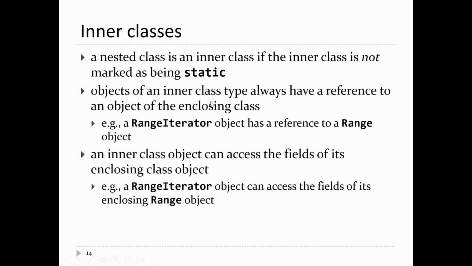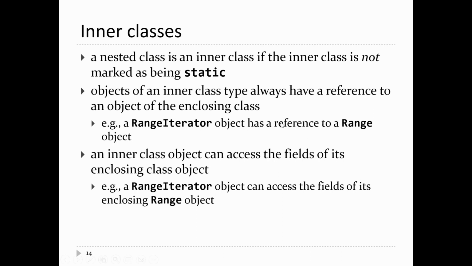Okay, so if you have an inner class, like we do in this case, then objects of the inner class have a reference to the enclosing class object. So what does that mean? It means every RangeIterator object has a reference to the range that it's iterating over, which makes sense. The RangeIterator needs to know how big the range is in order for it to go from the start to stop.